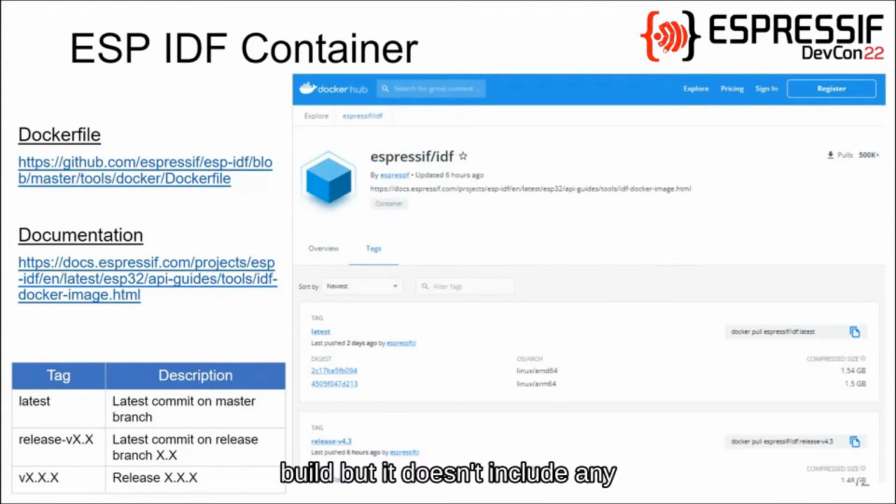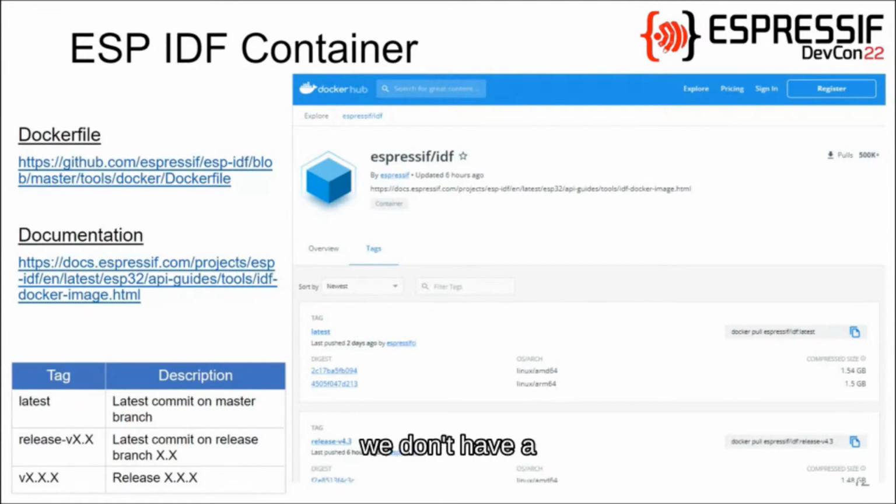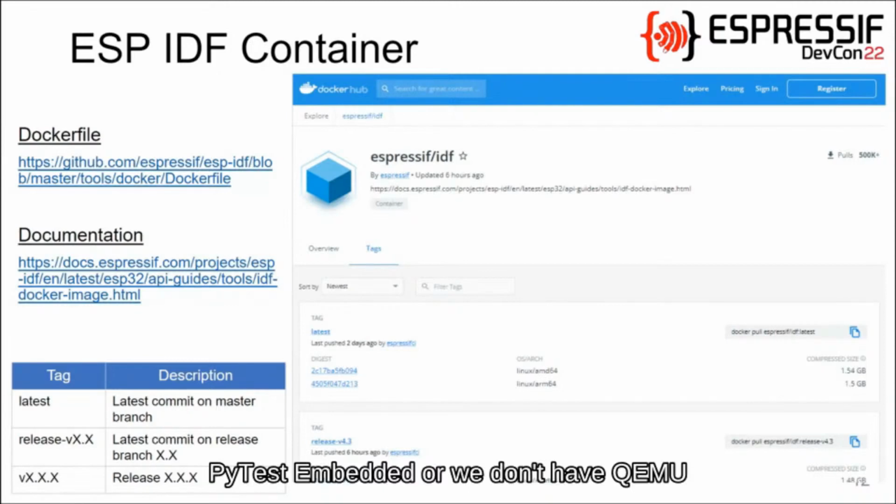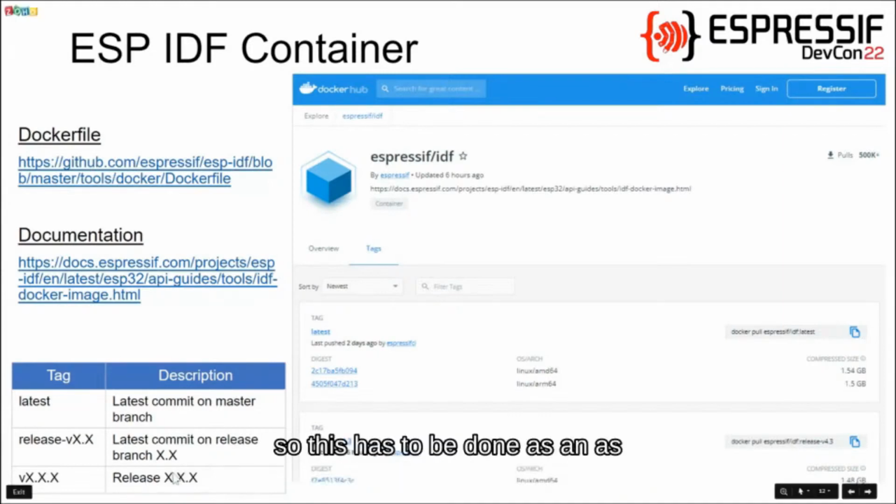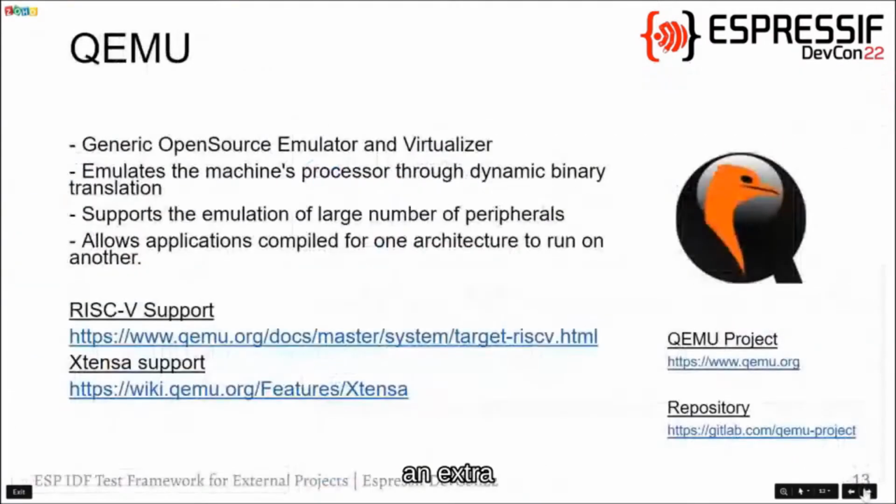But it doesn't include any additional tools related to testing. For instance, we don't have pytest-embedded, or qemu installed inside the container. So this has to be done as an extra.